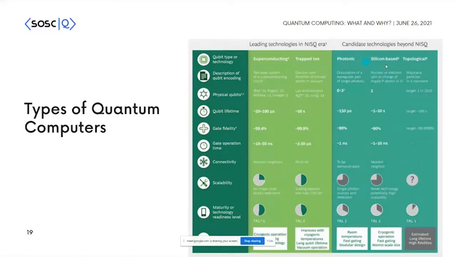Then you have silicon based, where you are checking the nuclear or electron spin of a doped atom. Here we have P and Si. We have different types of silicon based. This is not really that common. And then we have what Microsoft is working on, called a topological qubit.